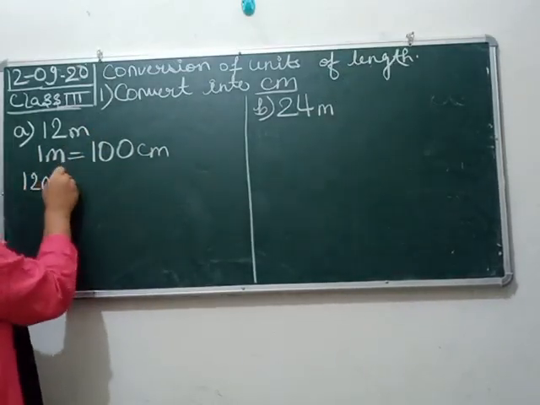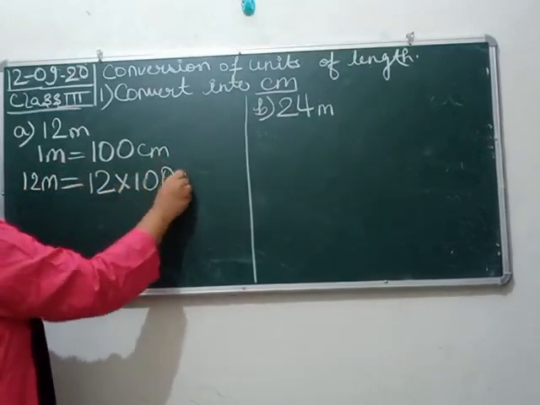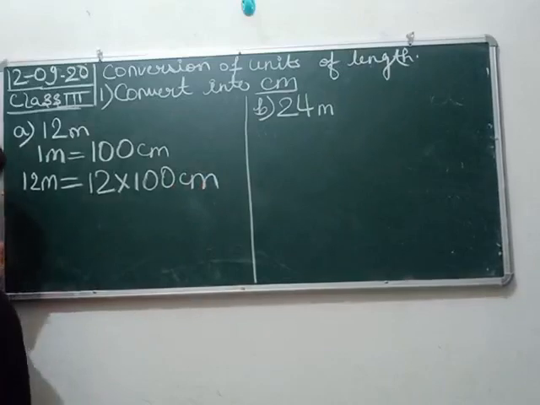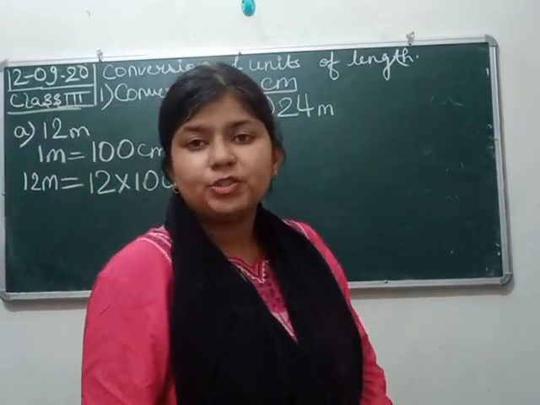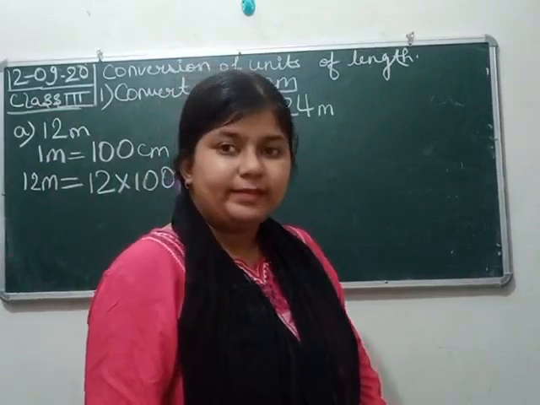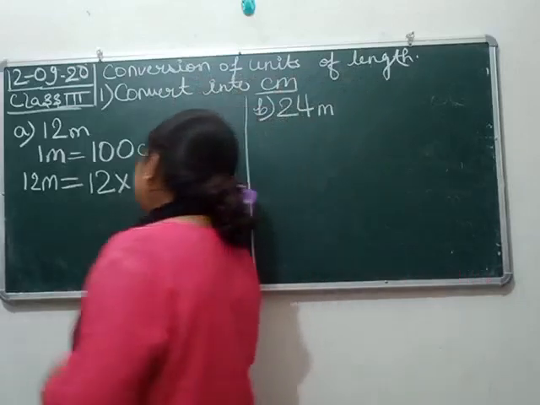So 12 meter equals 12 into 100 centimeter. Now 12 into 100 centimeter is equal to how much? 1200 centimeter.